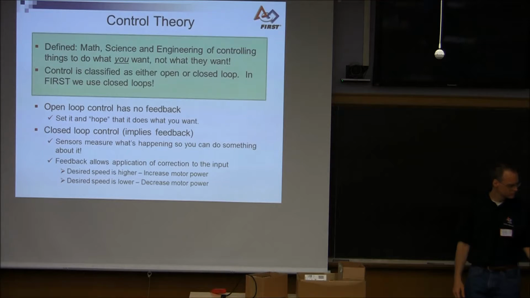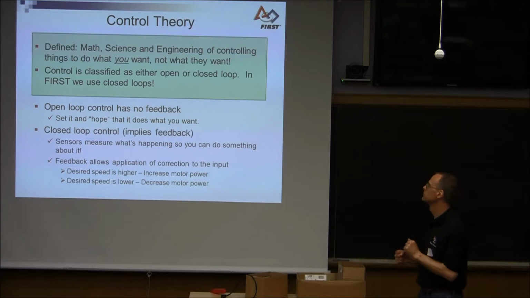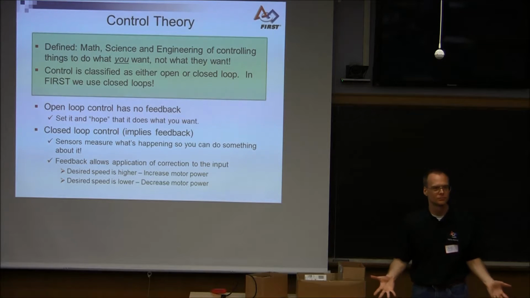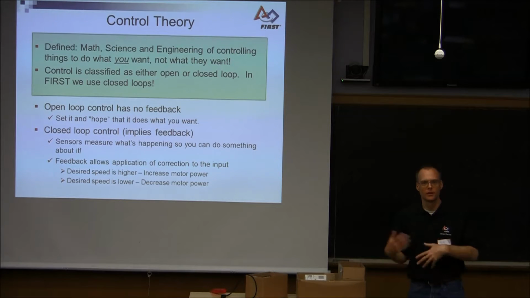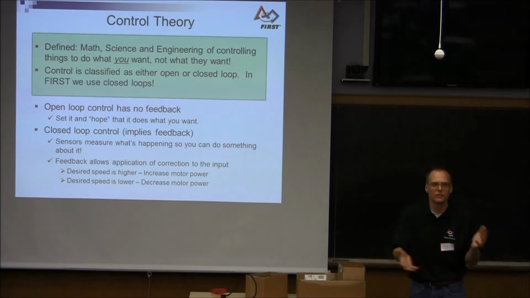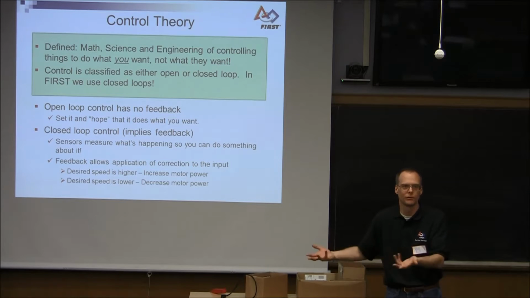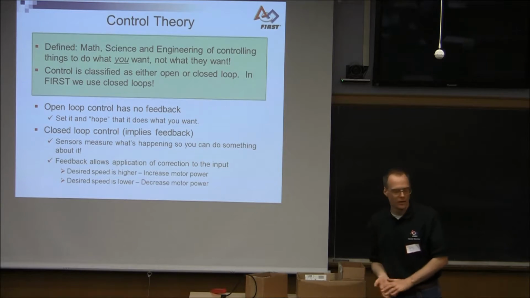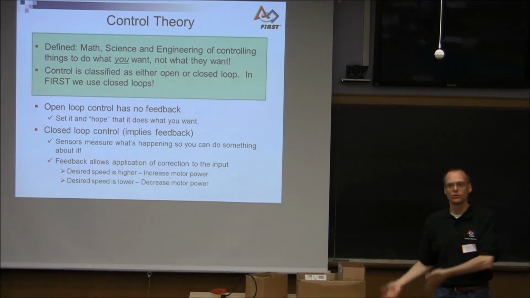Okay? Now, a couple things about control theory. What is it? Well, it's the math, the science, the engineering of making things do what you want them to do instead of whatever they would like to do or whatever they normally do. And of course, the opening textbook always talks about open loops and closed loops.